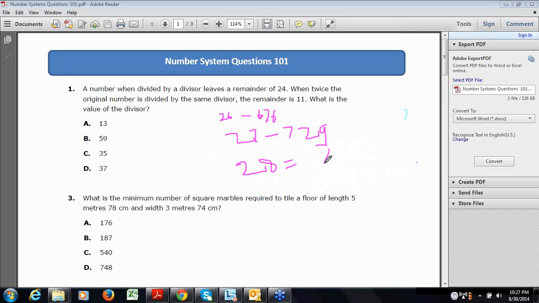Use the same formula. So you can use the same formula.